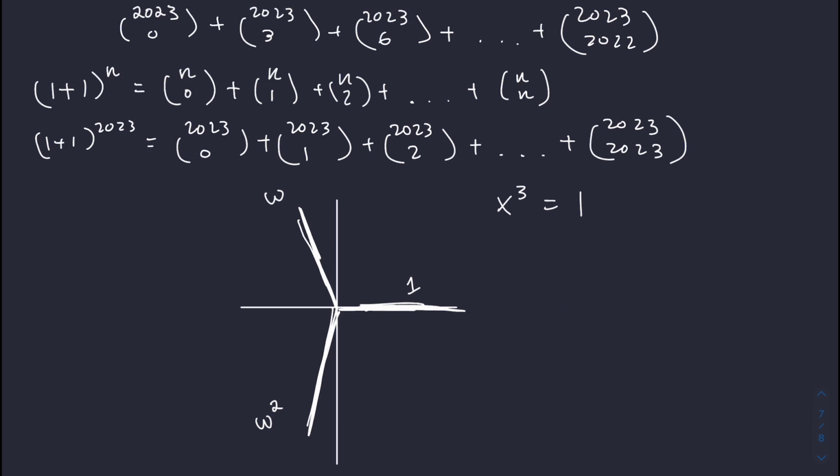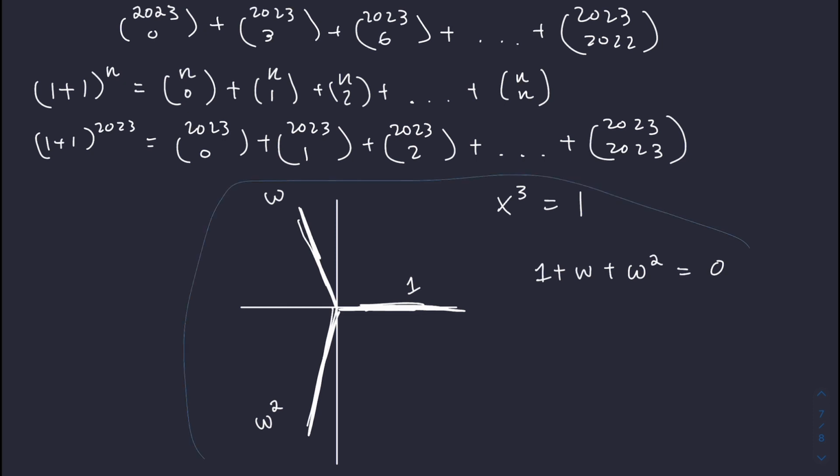Now, we also have another property that is very important that we're actually going to utilize later. The sum of the roots of unity for some nth root of unity is always going to be 0. So in this case, 1 plus omega plus omega squared is going to be 0. These are all very important facts, and we will get to using them now.